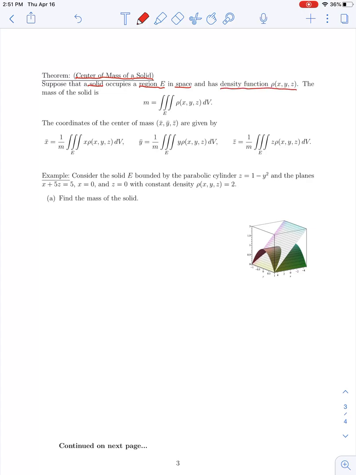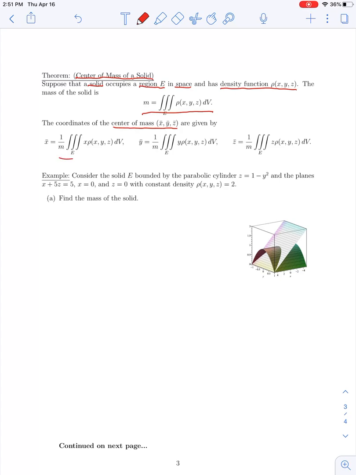Its density function in 3 dimensions is given by rho of x, y, z. Then the total mass of our solid would be found by evaluating the triple integral of that density function over the solid region E. And the center of mass, which would be a point in space, x bar, y bar, z bar, is found by evaluating the following triple integrals.